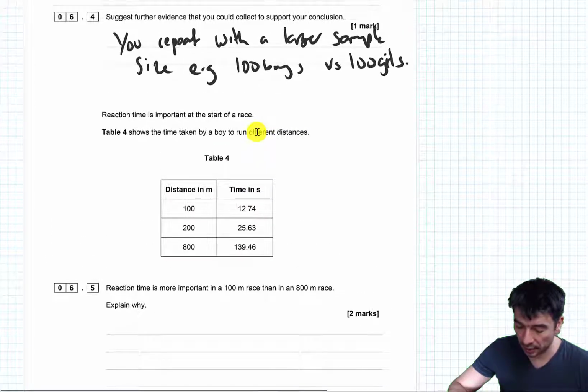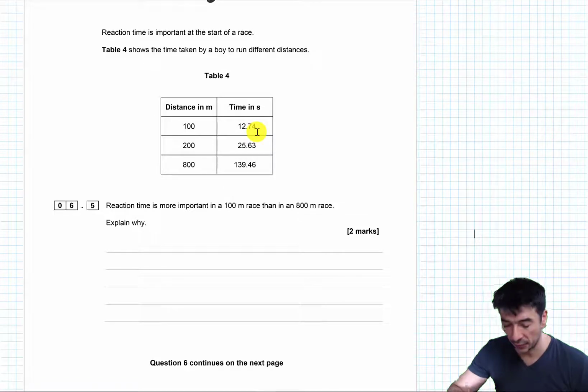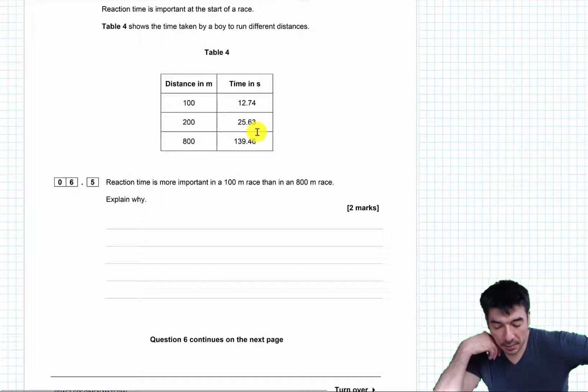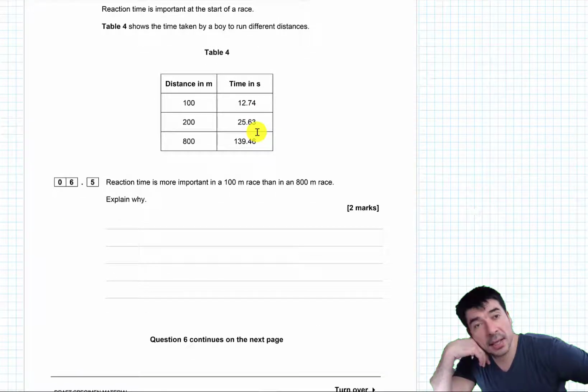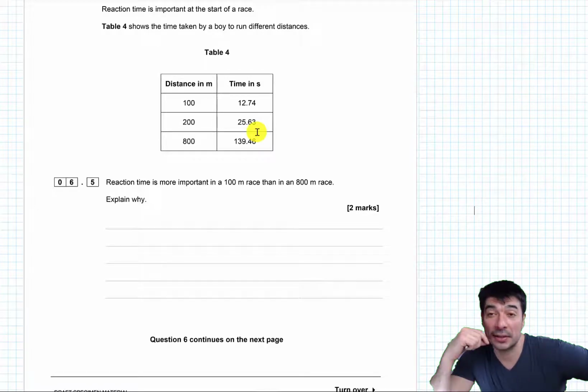200 meters 25 and 800 meters 100 and nearly 40. Reaction time is more important in a 100-meter race than in an 800-meter race. Okay, so let's just imagine you've got quite a slow reaction time. Let's say it takes you a whole second to respond to the gun. Boom, and then you go.